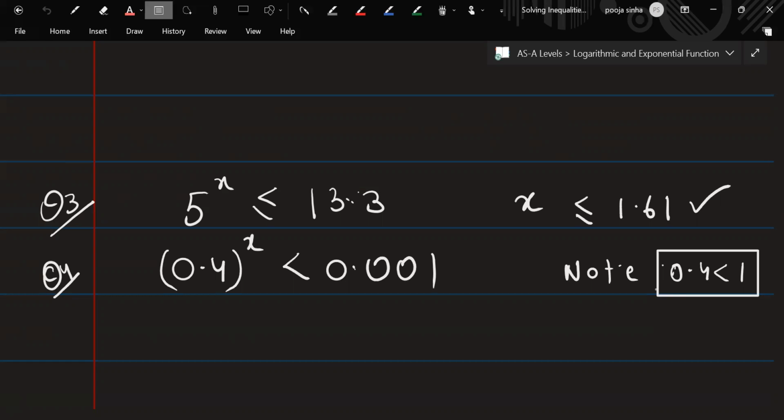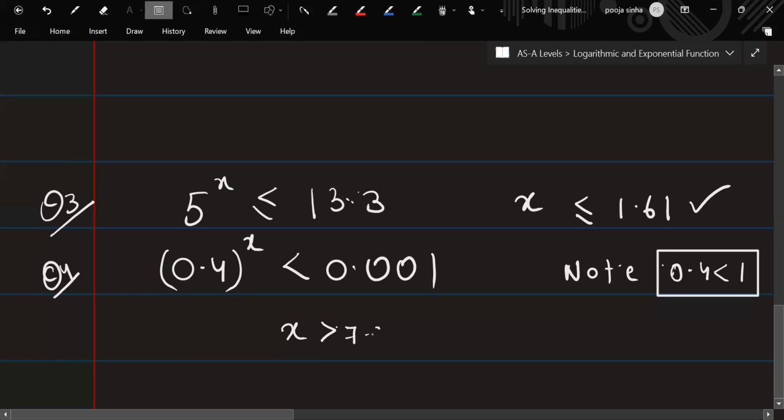X is greater than 7.54. You reverse the symbol. Is this it? Yeah, x is greater than 7.54. It came out positive in the end. One second, I'll just check this out.